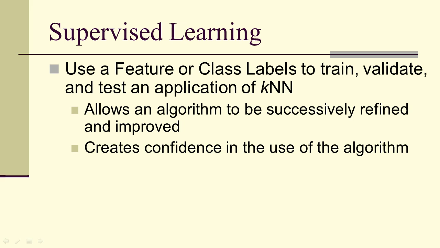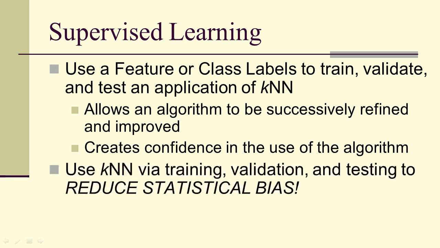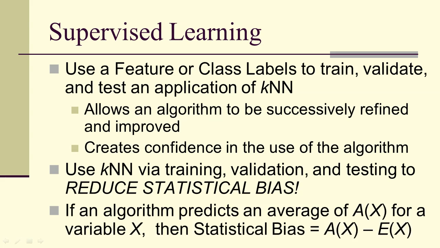It creates confidence in the use of the algorithm. And we can use k-nearest neighbors via training, validation, and testing to reduce statistical bias. So for instance, maybe a means of choosing a better choice of k, among other things. And also statistical bias, for example, when we do imputation.